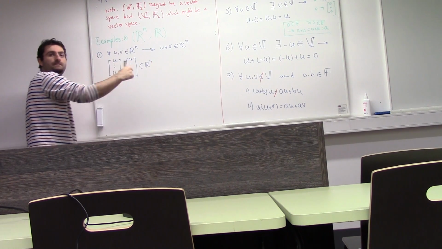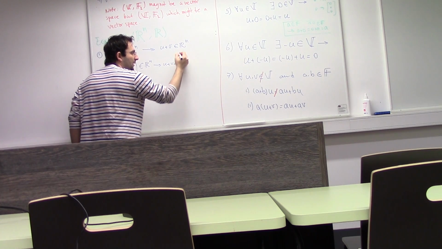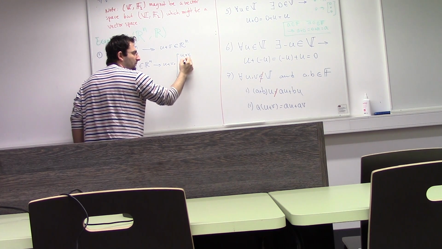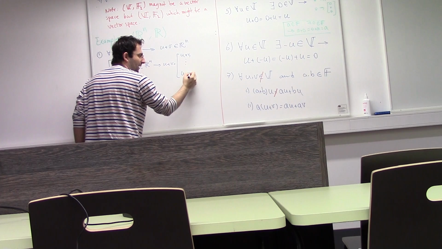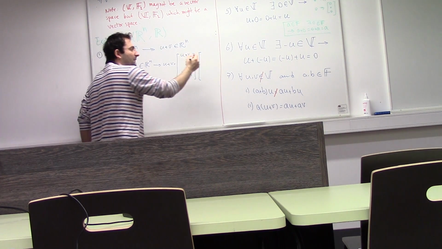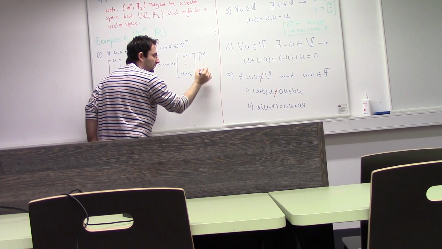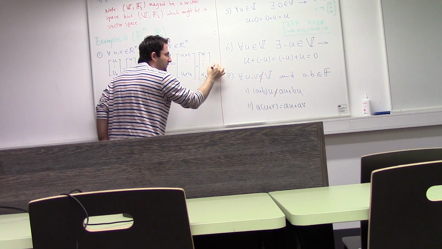This is the U and V. And then U plus V was actually U1 plus V1 till Un plus Vn, where U1 plus V1 we call alpha 1, a number. This is alpha n, which belongs to Rn.